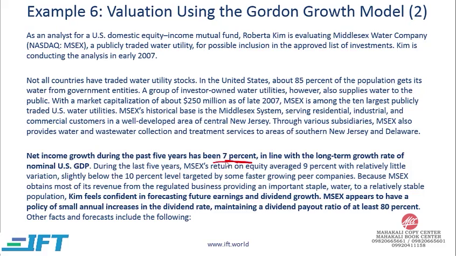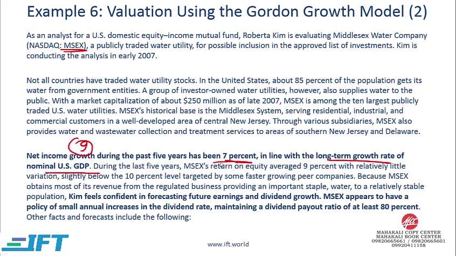So we are talking about a particular company, MSEX, and we are told that the net income has been fairly consistent in that it has been growing at 7%, which is in line with the long-term growth rate of nominal US GDP. So this is a stable company, net income growing at a steady rate. So the indication is that it might make sense to use the DDM and more specifically the Gordon growth model, and the estimate for G will be somewhere around 7%.